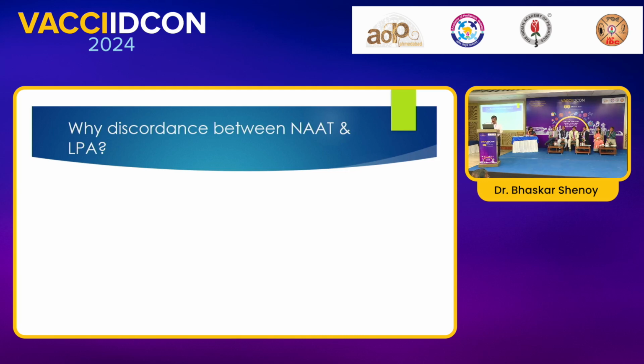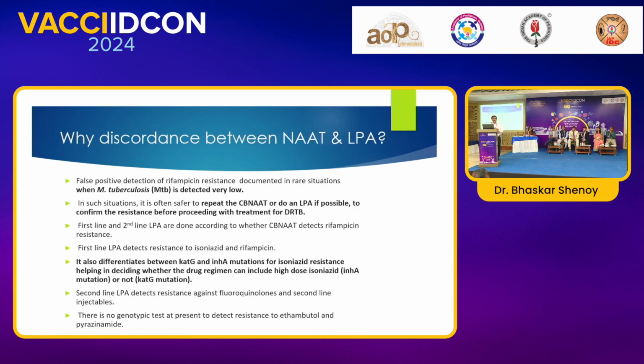So it is observed that when there is very low bacterial load, there are chances that CBNAT can pick up false rifampicin resistance. Even in our NTEP guideline they have mentioned this, and there are a number of publications which suggest the same thing. If you are finding rifampicin resistance in CBNAT with very low bacterial load, you should correlate clinically.